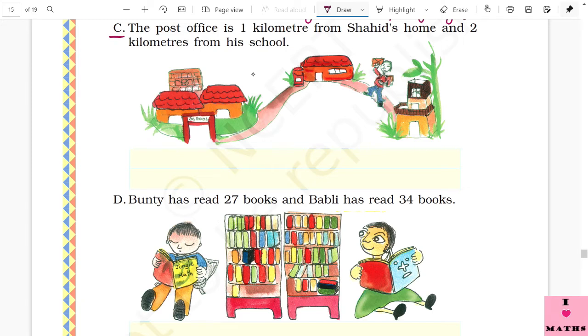Okay, let us see question number C. The post office is 1 kilometer from Shahid's home and 2 kilometers from his school. Okay, now look at the figure. This looks like Shahid's home. This is the post office and this is the school.